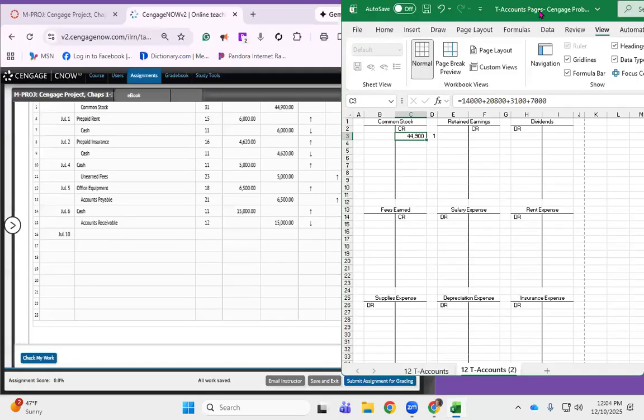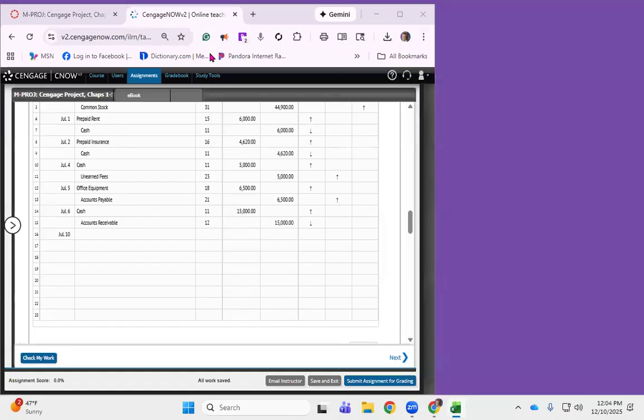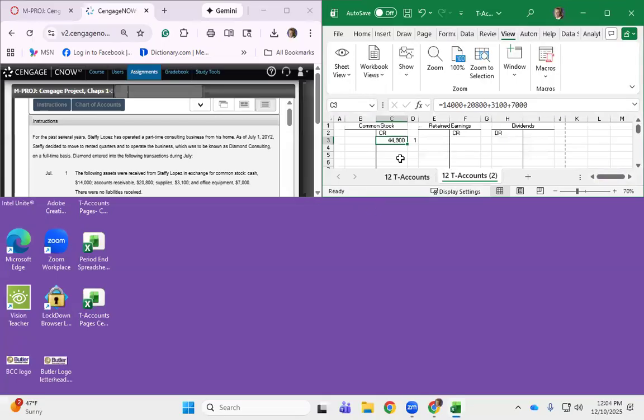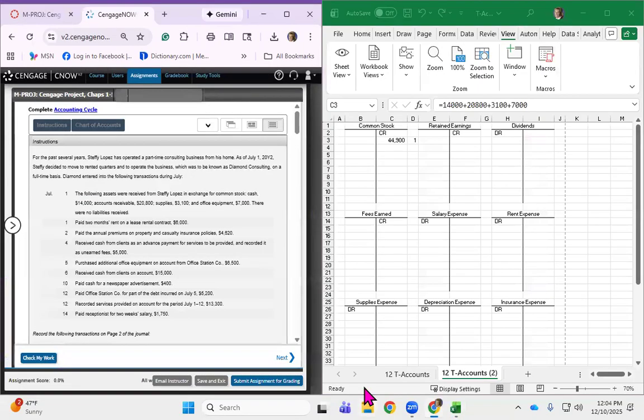So I'm going to put it back over here, maybe. I keep forgetting I have two screens. I want this beside this, so I've got to move this over. Okay, now I think we're in business.